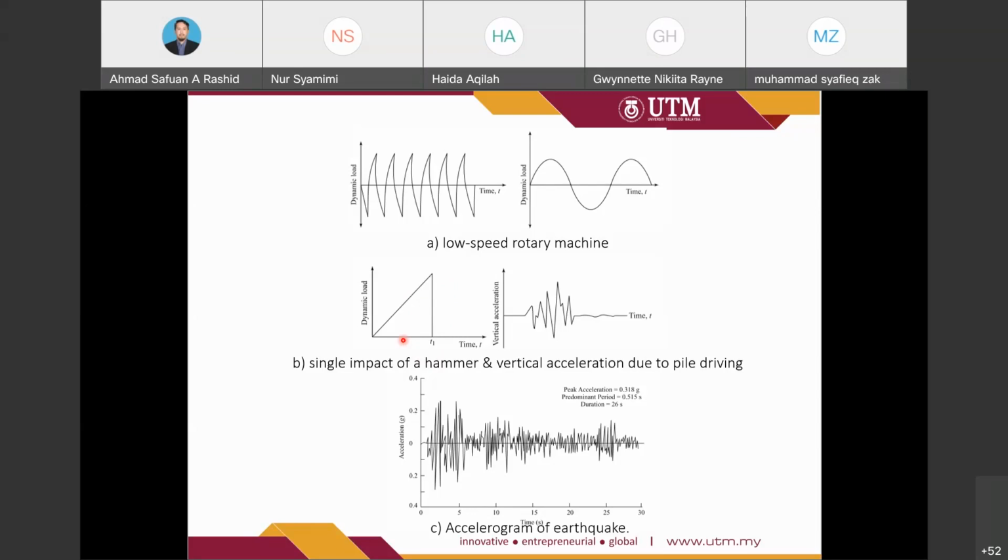At the first stage the value is very high, and then it reduces with time. These are some examples of dynamic loads, which differ in terms of behavior, magnitudes, and frequency.